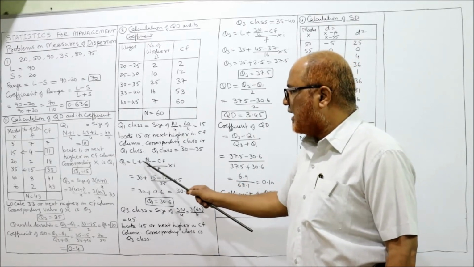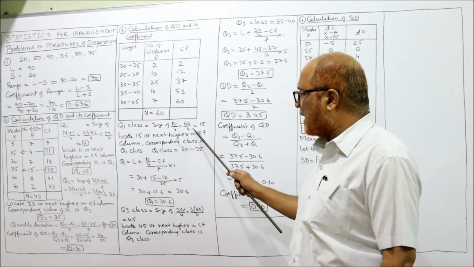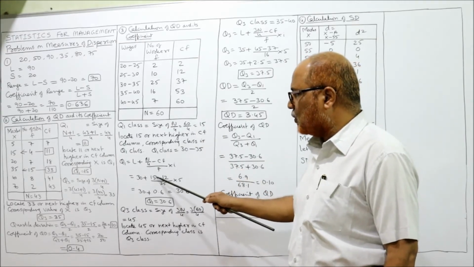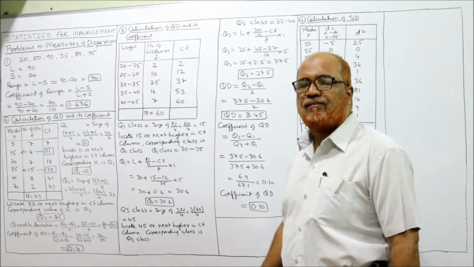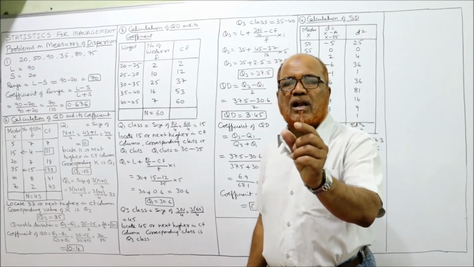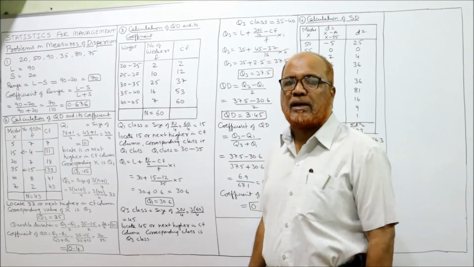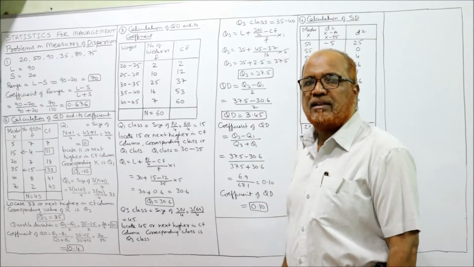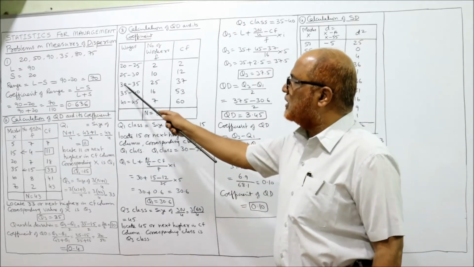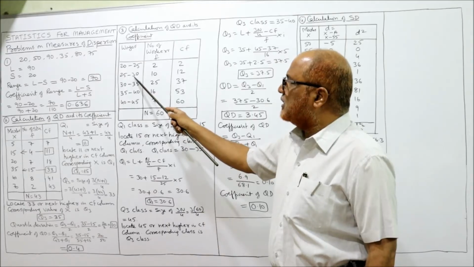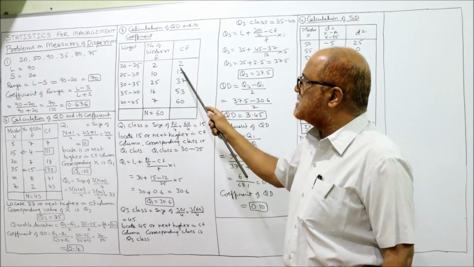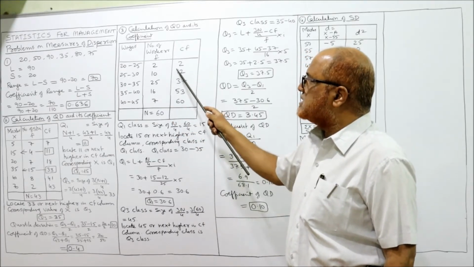N by 4 you have calculated here, 15. CF is the cumulative frequency of the class preceding the Q1 class. Q1 class is 30 to 35. Before 30 to 35 is 25 to 30. 12 is the CF.